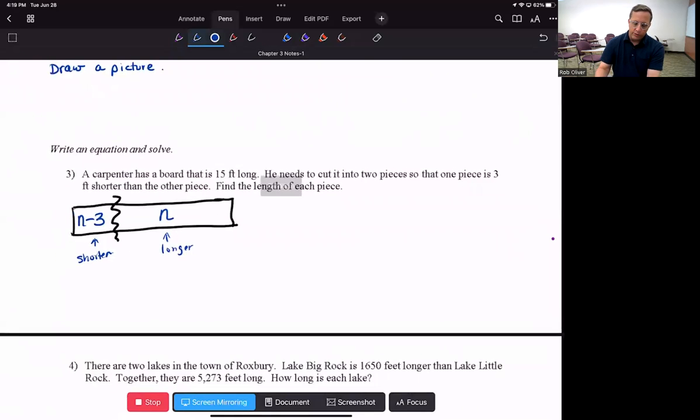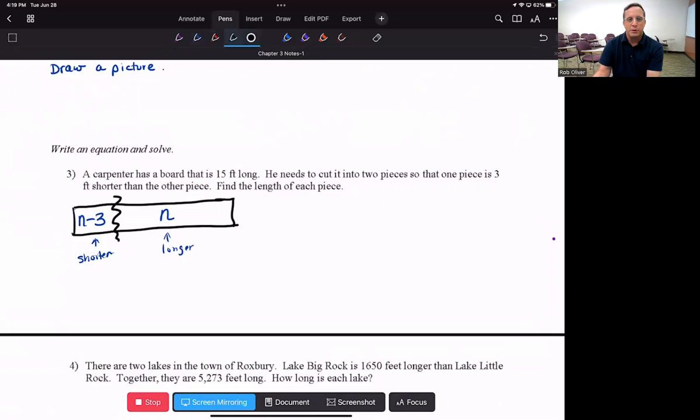Okay, so now let's put the algebra together and make the equation. So we have n minus 3, that's the shorter board, plus the longer board, n. And together, those are 15 feet. All right, now let's solve it. I put like terms together first.